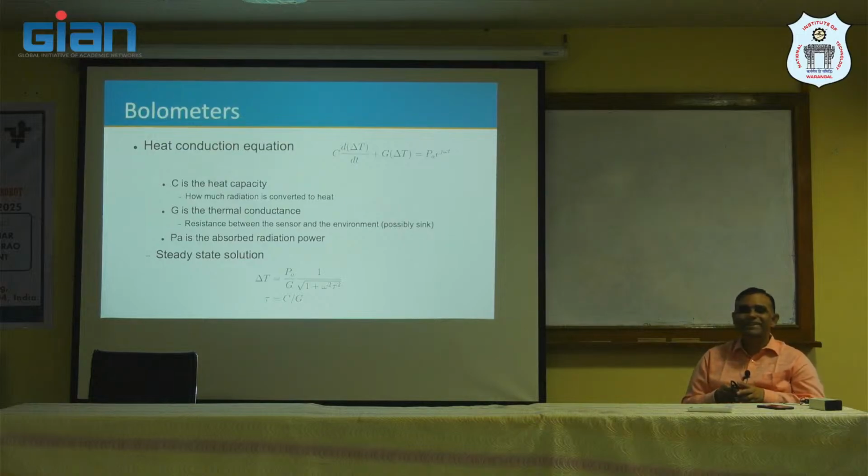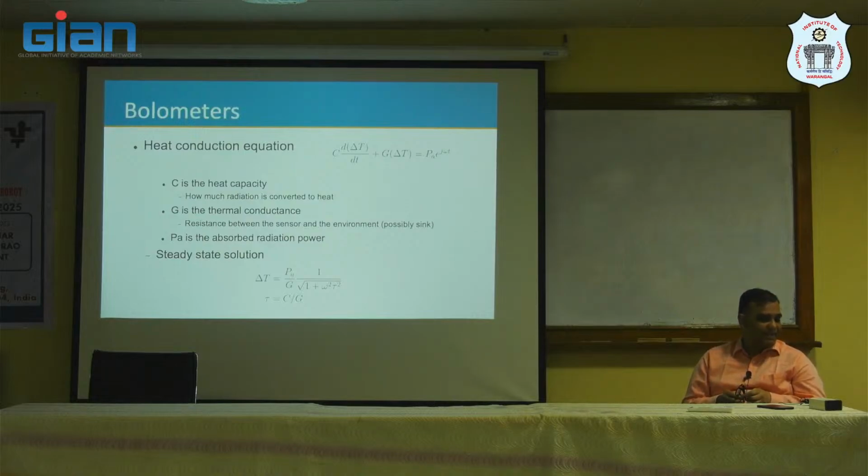So the classic heat conduction equation is the one on top. There are a few things to look at here. C is the heat capacity. Essentially it is saying how much radiation is being converted to heat. Not all of that will be converted into heat. Next is thermal conductance.